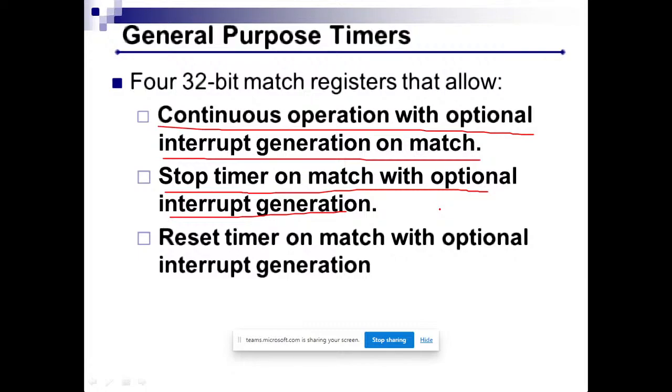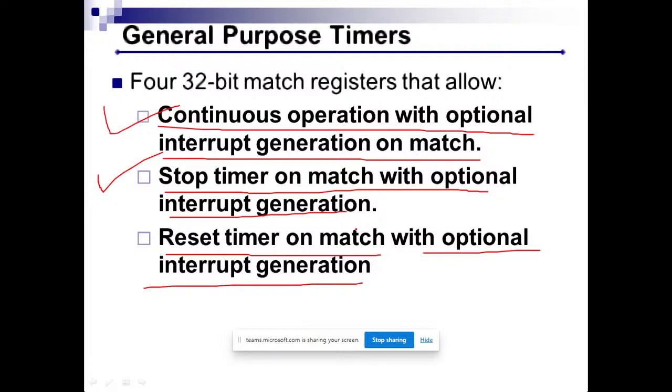So the interrupt is generated only once, or whatever action you want to take, you take once, and then it stops. There is a difference between these two: in the first case it happens continuously, here it is only once. Then another one resets the timer on the match with optional interrupt generation. That means whenever a match occurs, the timer will be reset to 0.